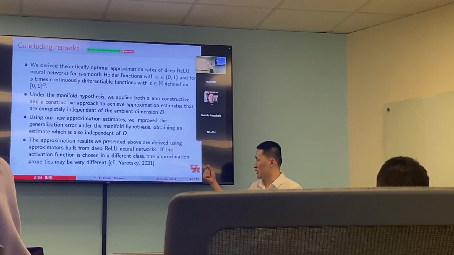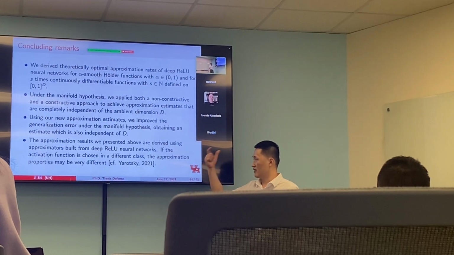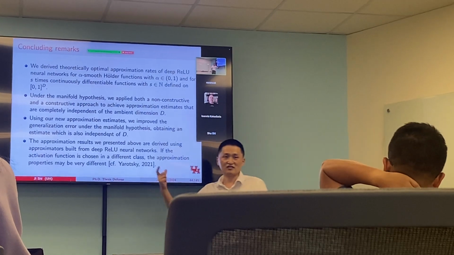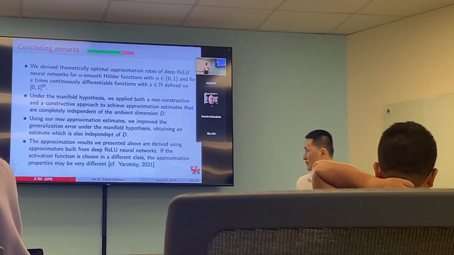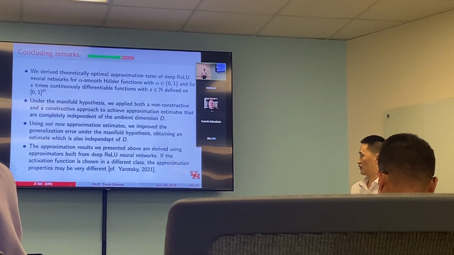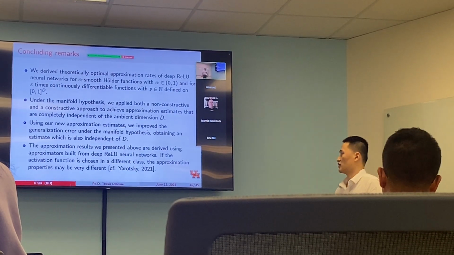If we choose a different activation function, the approximation properties may be very different. If you are interested in this topic, you can refer to Yarotsky 2021's paper.